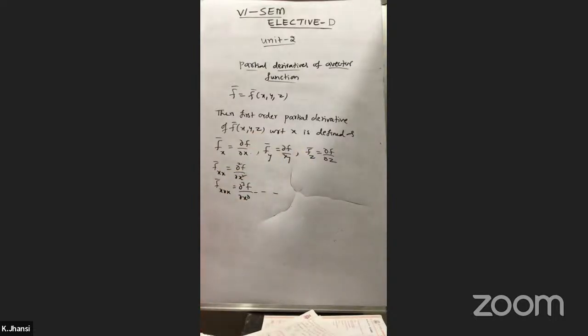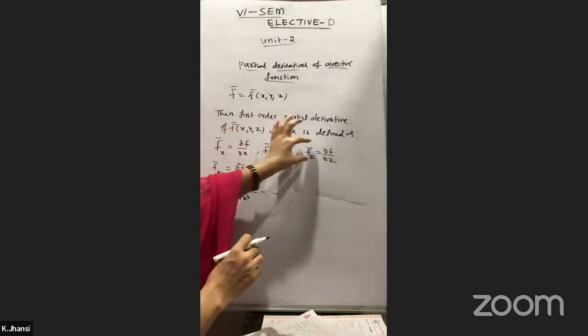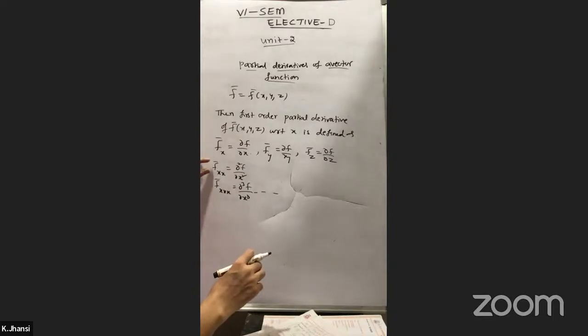Okay. So some rules of partial differentiation are also there in the textbook. You can verify those partial differentiations. What are the partial derivatives of a vector function? The main important thing here is this representation. This is the first order, this is the second order, and this is the third order. Okay.